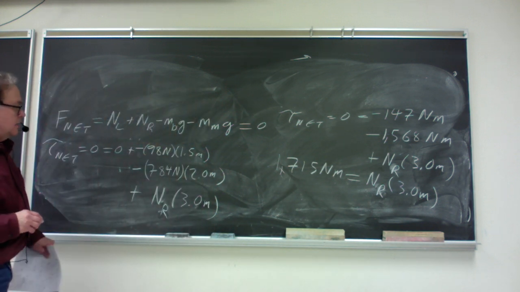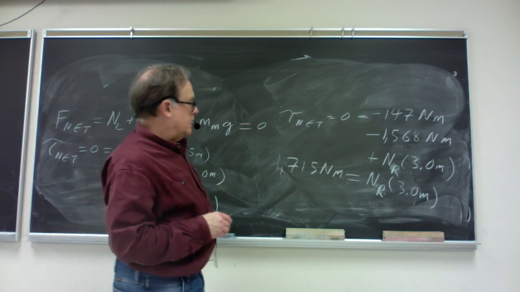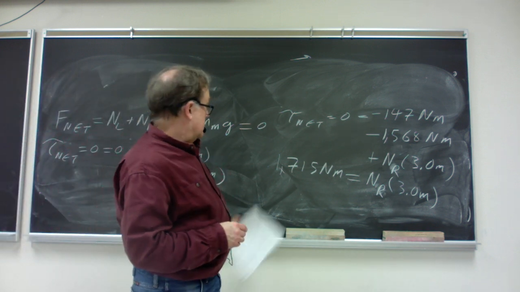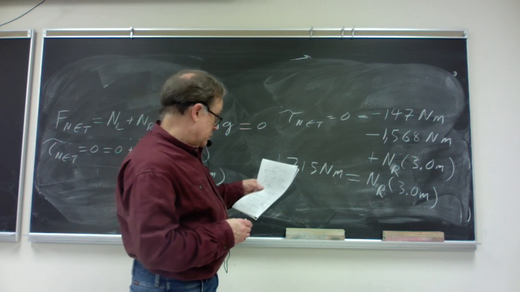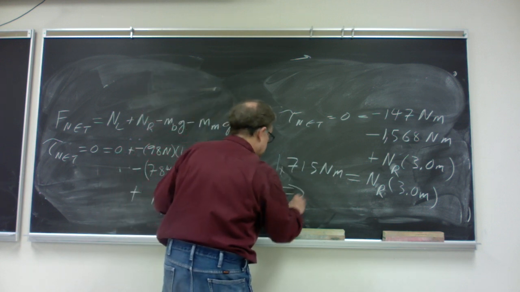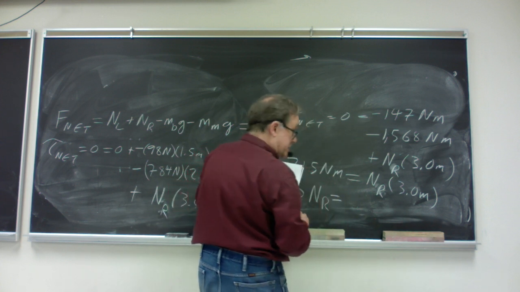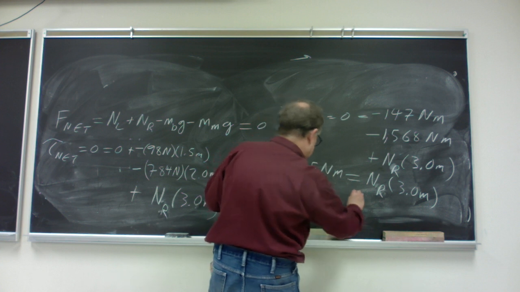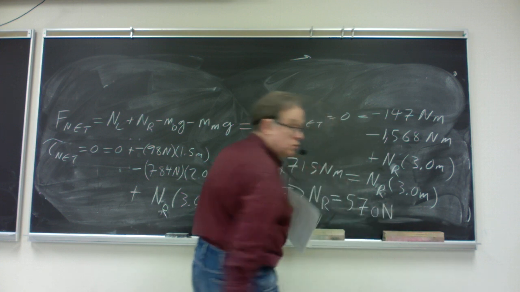Normal force at the right end of the board. But anyway, the algebra comes out the same. This divided by 3 meters gives us the strength of that normal force, which will be normal force from the right block on the board is 570 newtons.